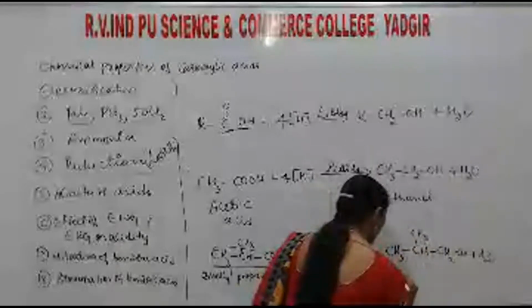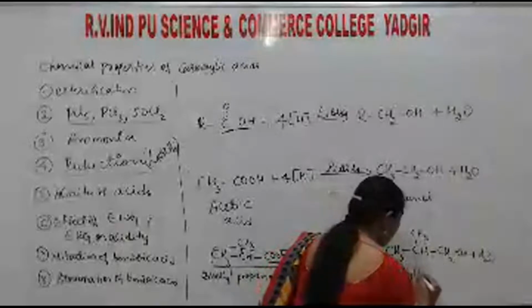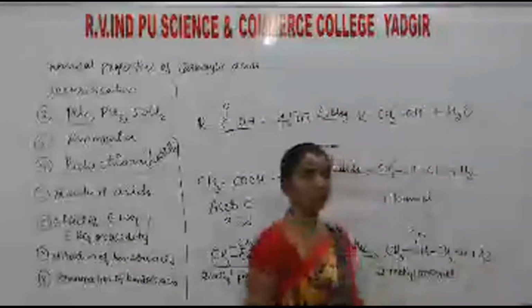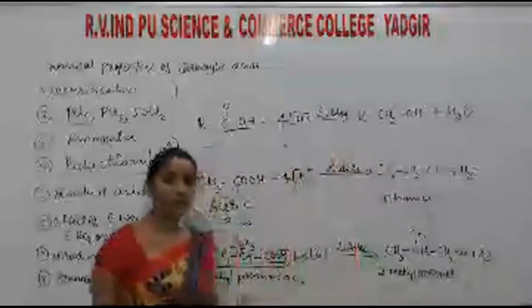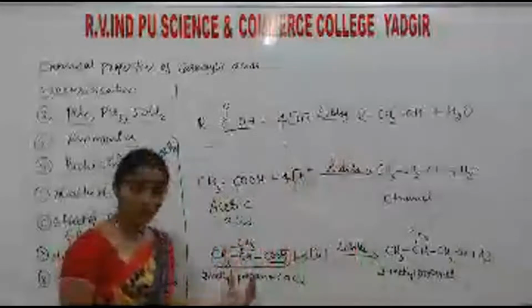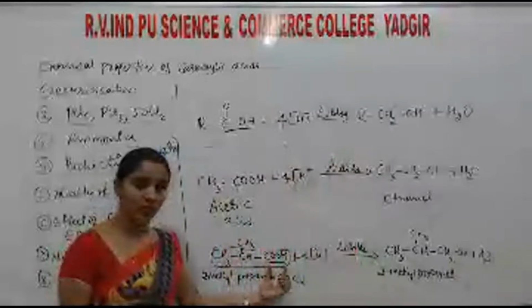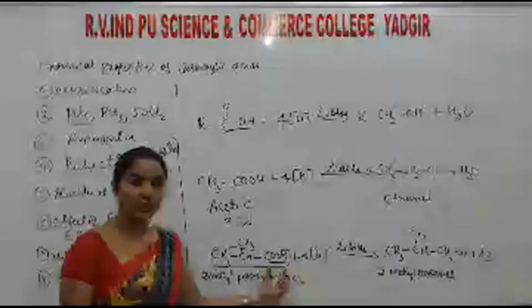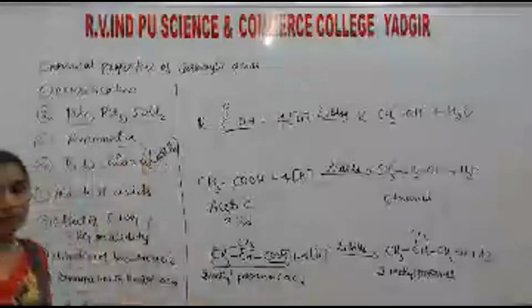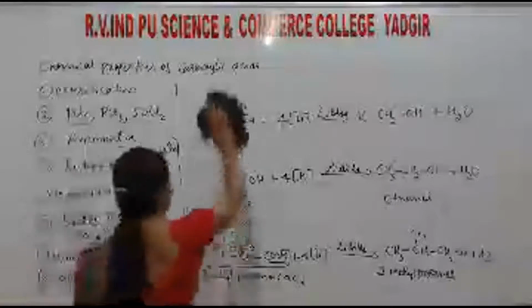So this is 2-methyl propanol. Okay. No matter what is the R group here, the reaction taking place only at COOH group. Understood? This is reduction of carboxylic acid.